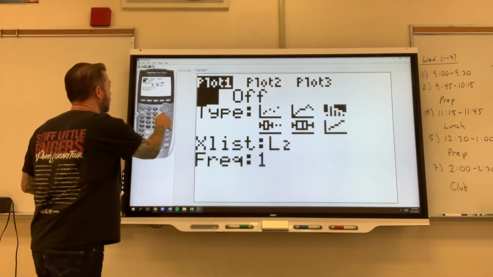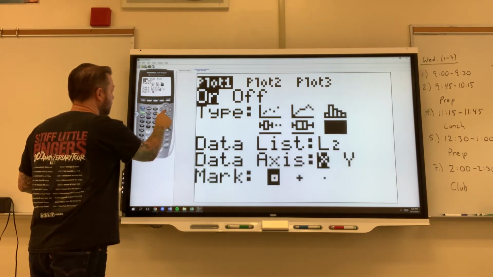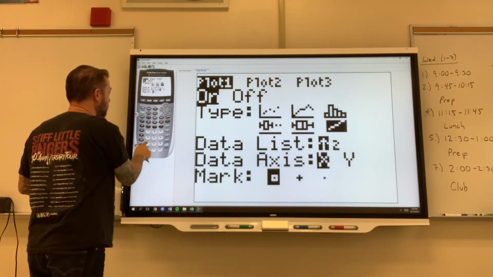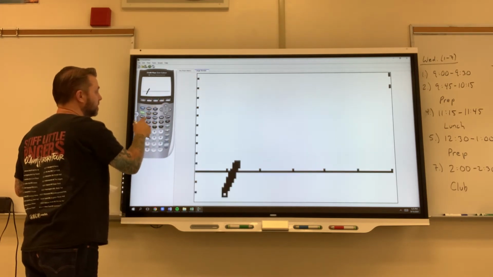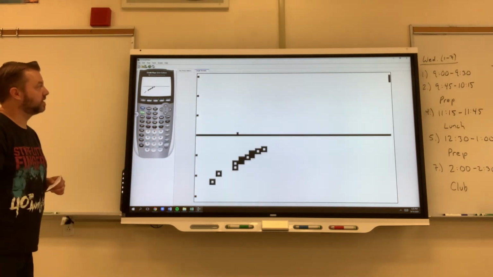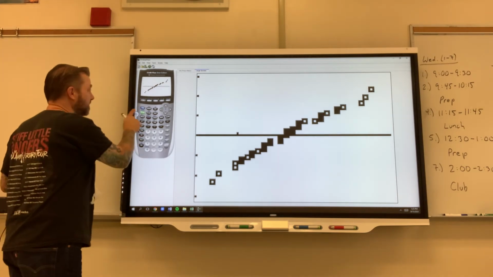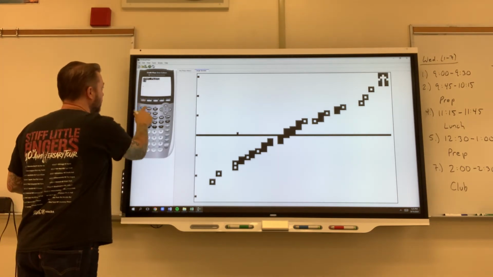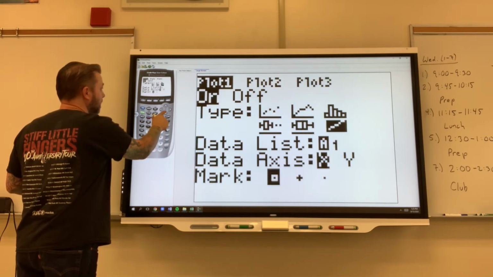Normal probability plot for L1. Graph. Zoom 9. And it looks like that. Now, let's look at the difference with L2.